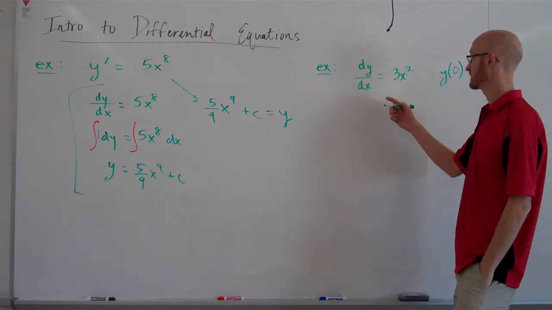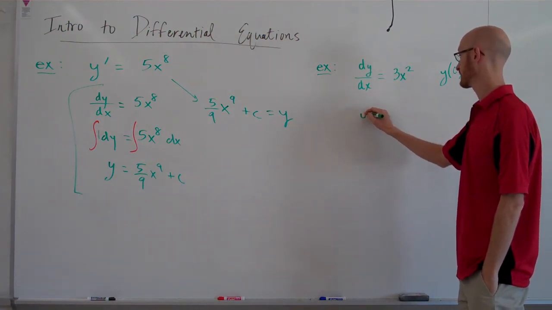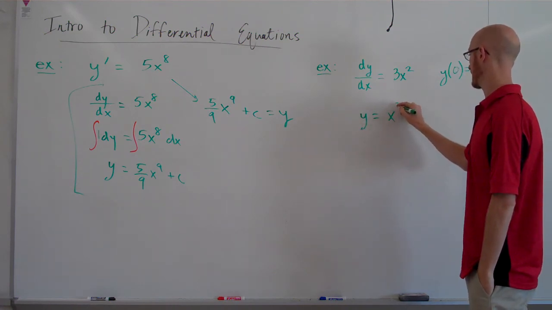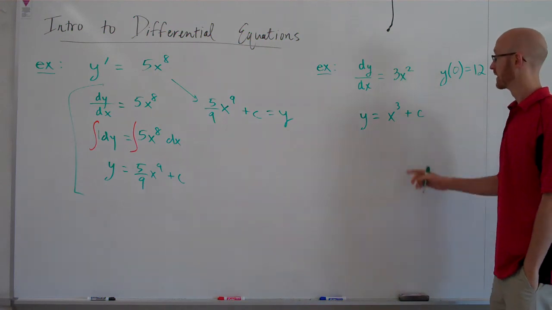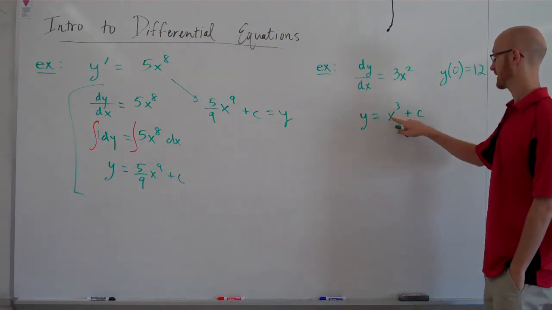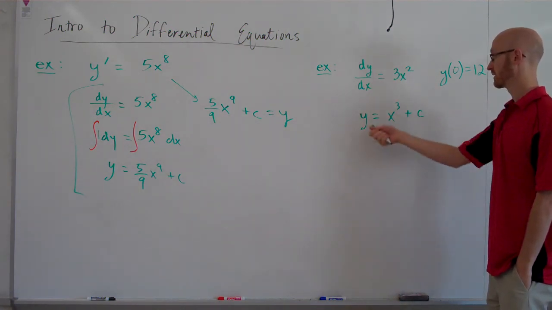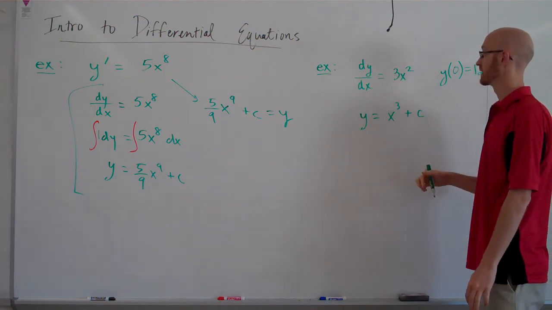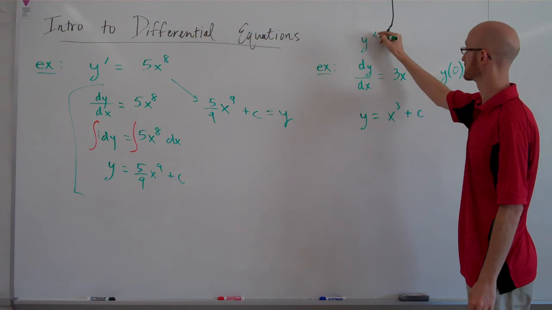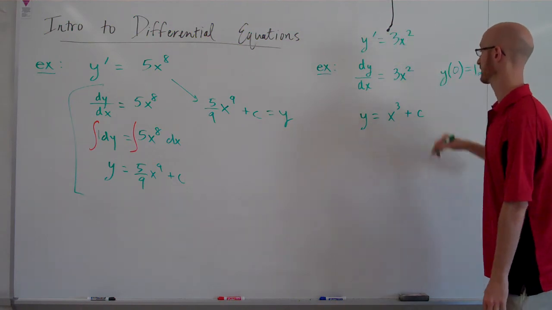So the first thing is, we could clearly see that y will equal x cubed plus some constant value, because 3x squared would be its derivative, and the derivative of y with respect to x is, of course, dy/dx. Also, this problem could have been stated as y prime equals 3x squared.